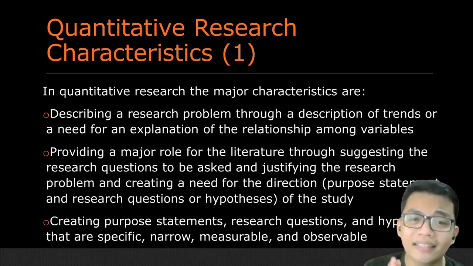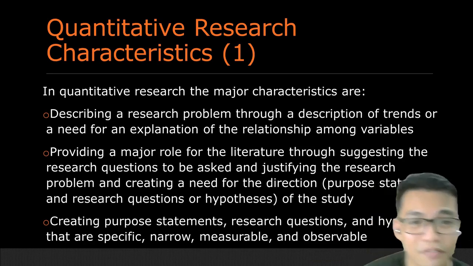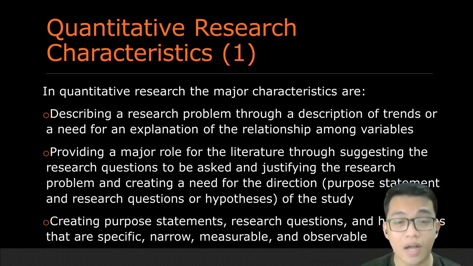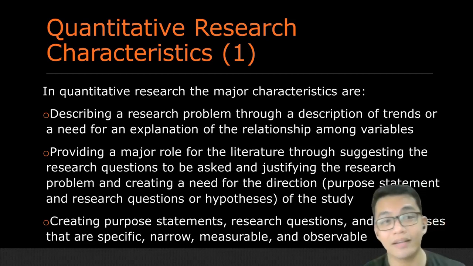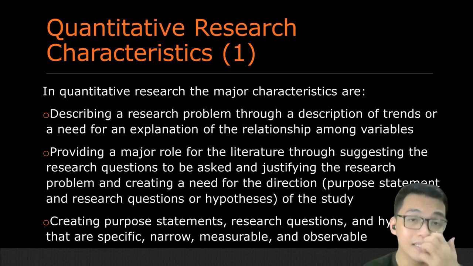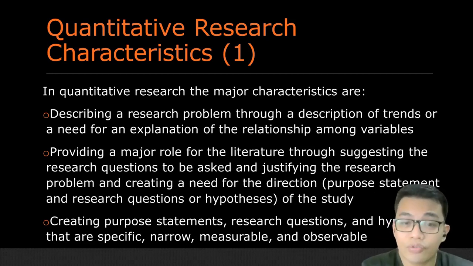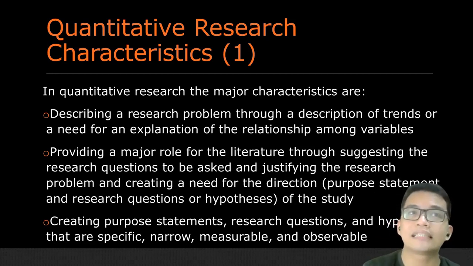Now, another highlight that I would like to make here is that variables are constructs. Constructs are basically concepts that are well established, for example, motivation, intelligence, attitude, or performance in education.